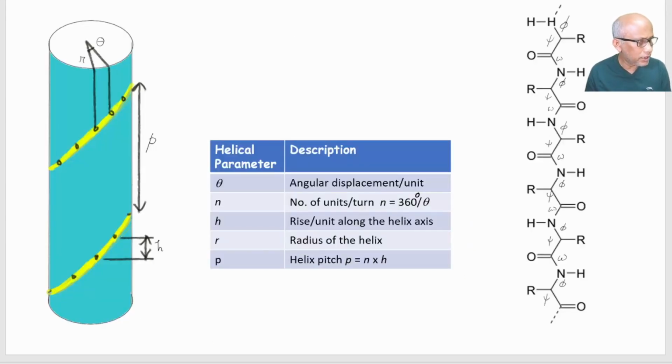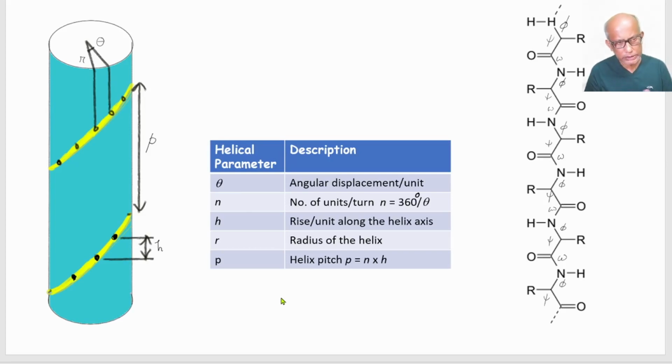We can do that by considering a helix as something like a ribbon which is wrapped around a cylinder. That by definition becomes a helix. Here in yellow I have the peptide which is wrapping around, and the dots out here refer to the C alpha atoms, that is one dot per residue.